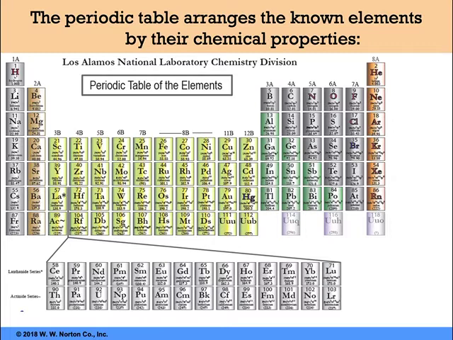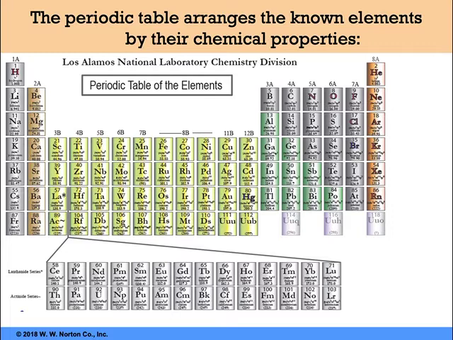Okay, but the chemical property of the molecule or the compound will be quite different from the chemical properties of what we call the reactants, which are the things that come together to make the molecule or the compound. Okay? So that's the periodic table. That's everything really you need to know with regard to the periodic table.